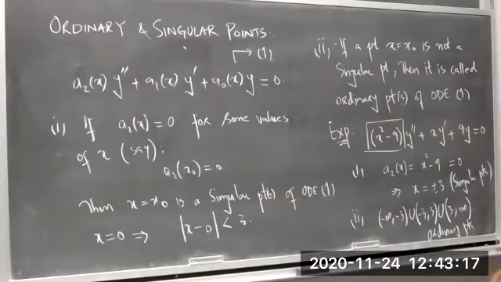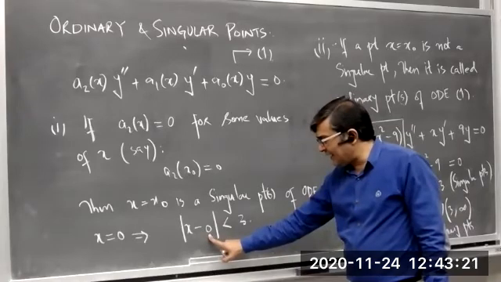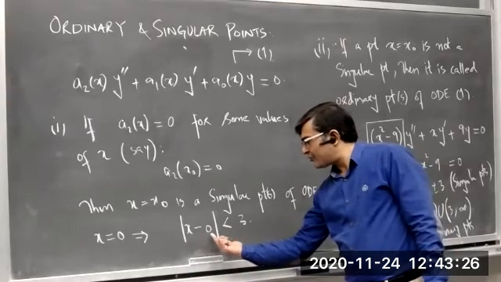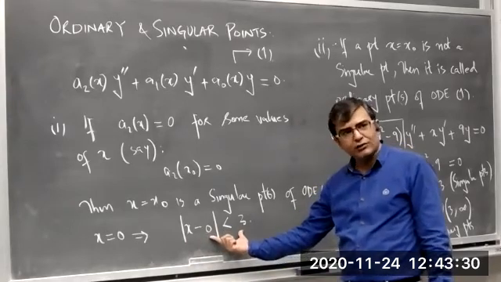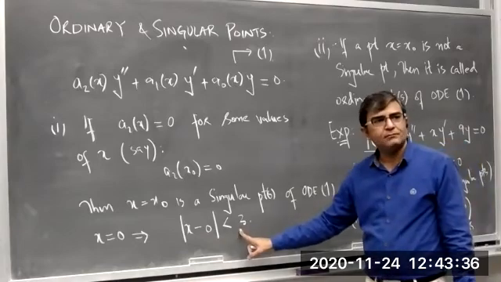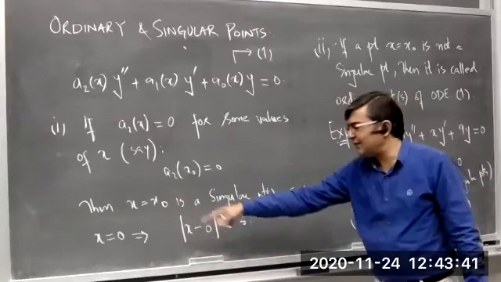Okay. Why is this 3? Because if we take the ordinary point as x equal to 0, then the interval of convergence should be from 0 to the closest singular point. The closest singular point is either plus 3 or minus 3. So you can take plus 3 here. You can also take minus 3, but you have to put a greater than sign there.